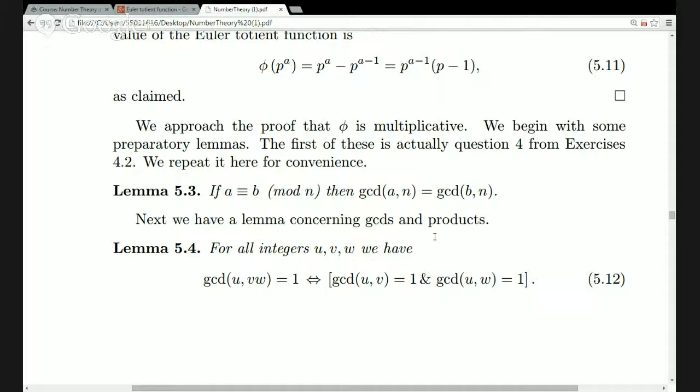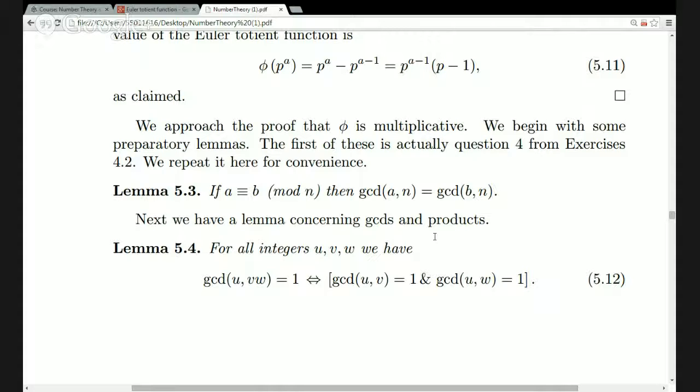So if none of the primes you see in the prime factorization of u is the same as any of the primes you see in the prime factorization of v times w. But you can break that down as saying none of the p's are equal to any of the q's, as one statement, and none of the p's are equal to any of the r's. That's the second statement. But the first of those says p is q, or u is co-prime to v. The second of those says u is co-prime to w.